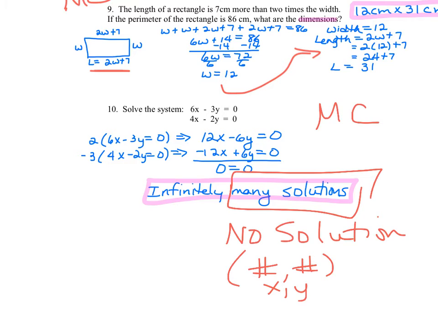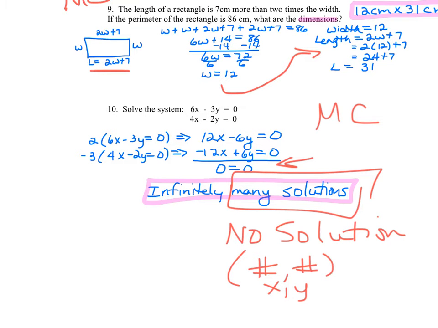I decided to do the elimination method where I multiplied both equations by a number, and I was trying to eliminate the X, but in essence, I ended up canceling out X and Y. Now, because I got a true statement, 0 equals 0, that means it's infinitely many.